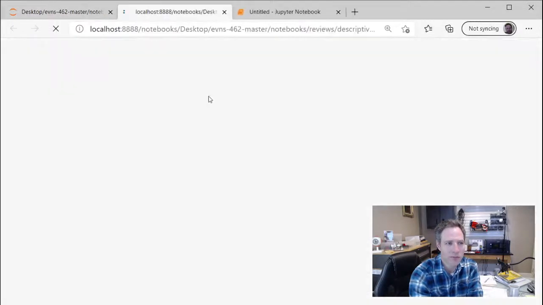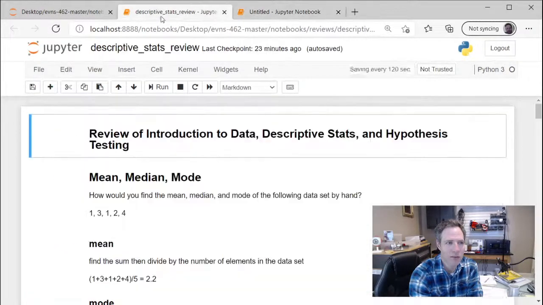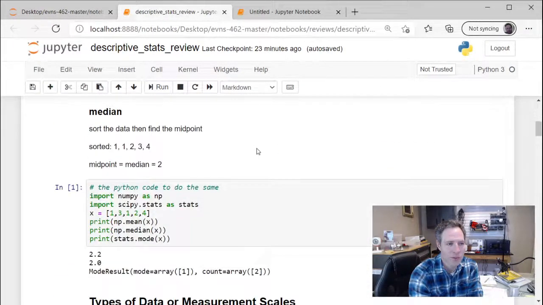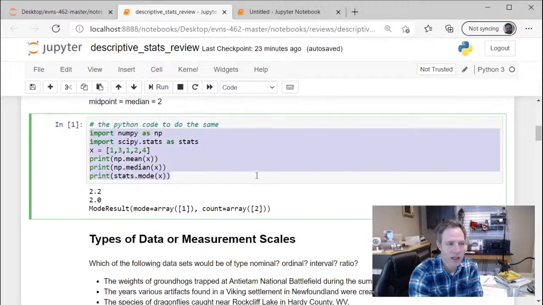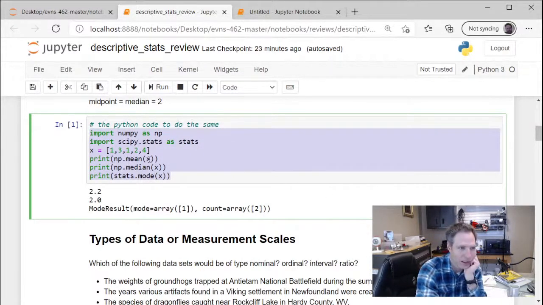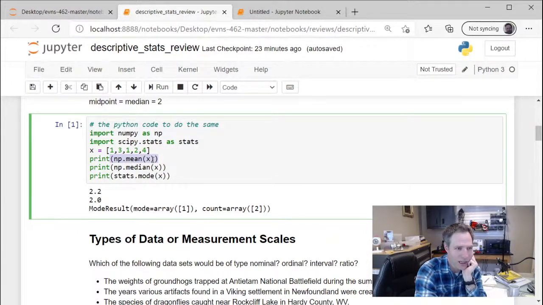All right, now of course in Python, let's open this up. We can skip back and forth. Of course in Python, you don't actually do these things longhand. You're going to use built-in functions. So you can find the mean, the median, and the mode of a data set using built-in Python functions.